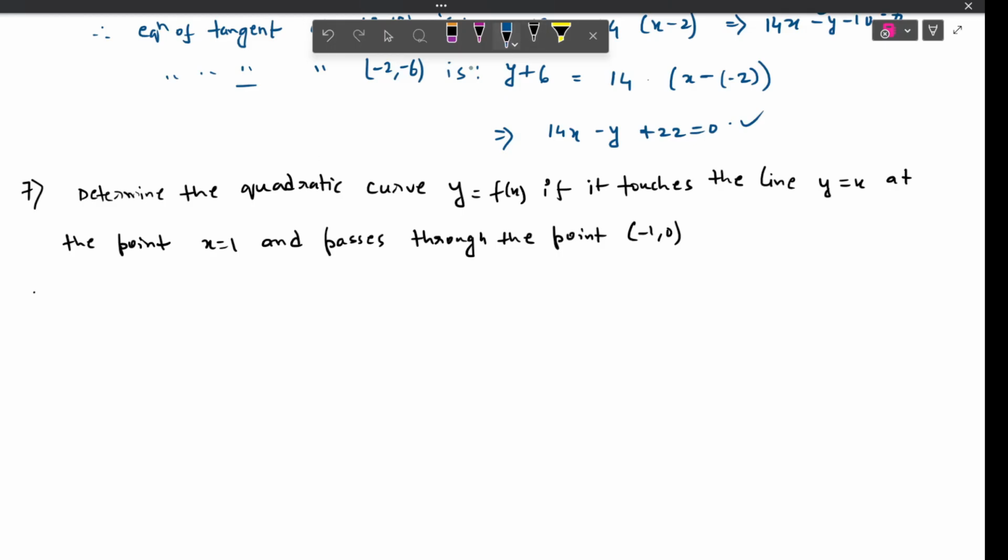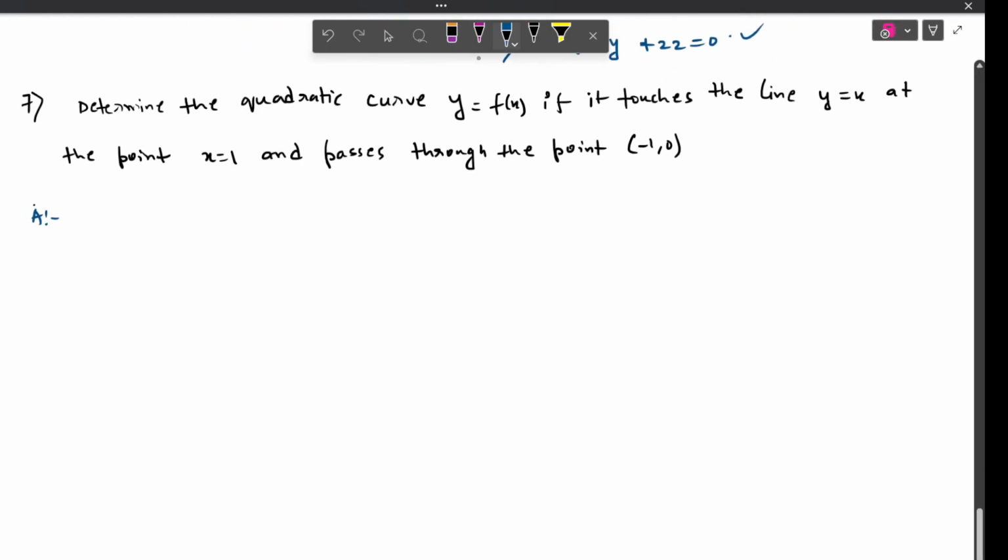Let's see the answer. Determine the quadratic curve y equals to f of x if it touches the line y equals to x at the point x equals to 1 and passes through the point minus 1 comma 0.